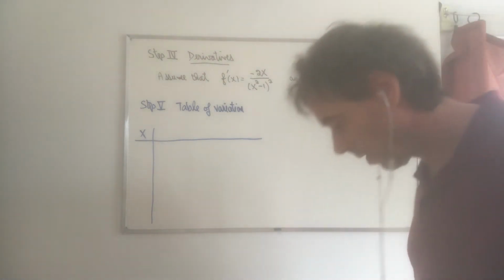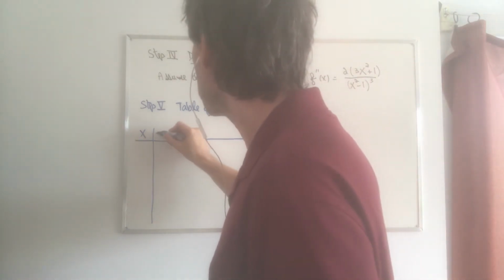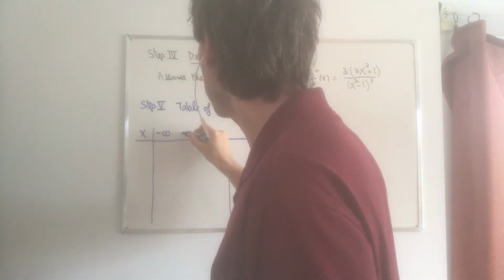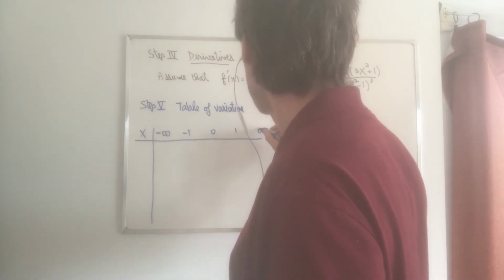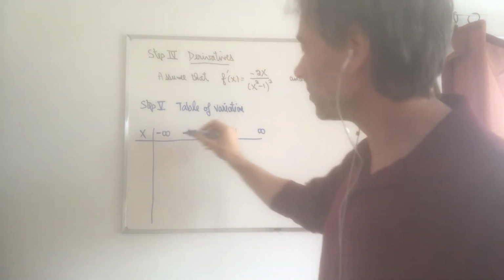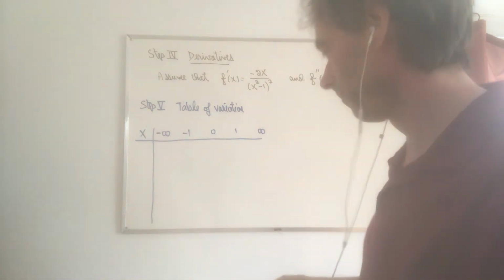Okay, what are my critical numbers? Critical numbers are -1, 0, 1, all the way down to here. So these are all the critical numbers, notwithstanding if they come from f prime or f double prime.